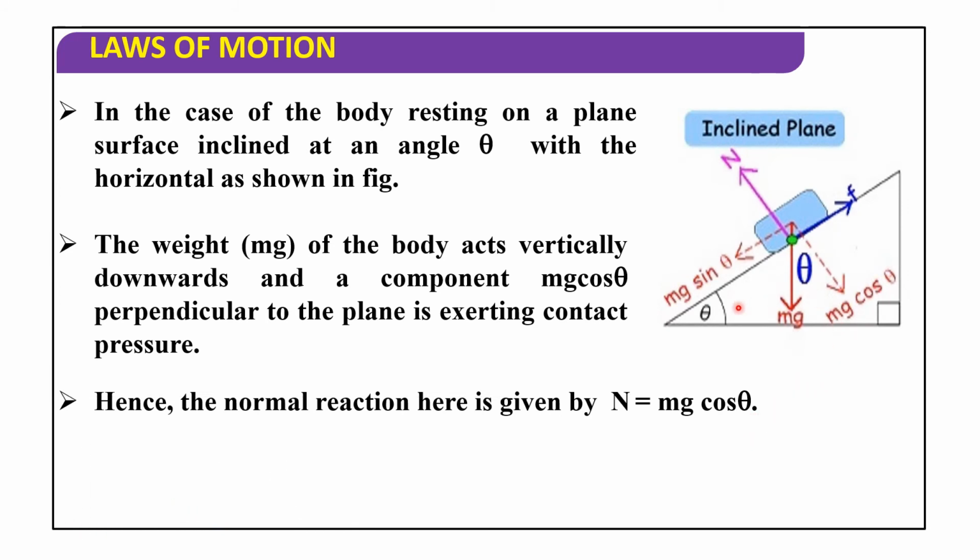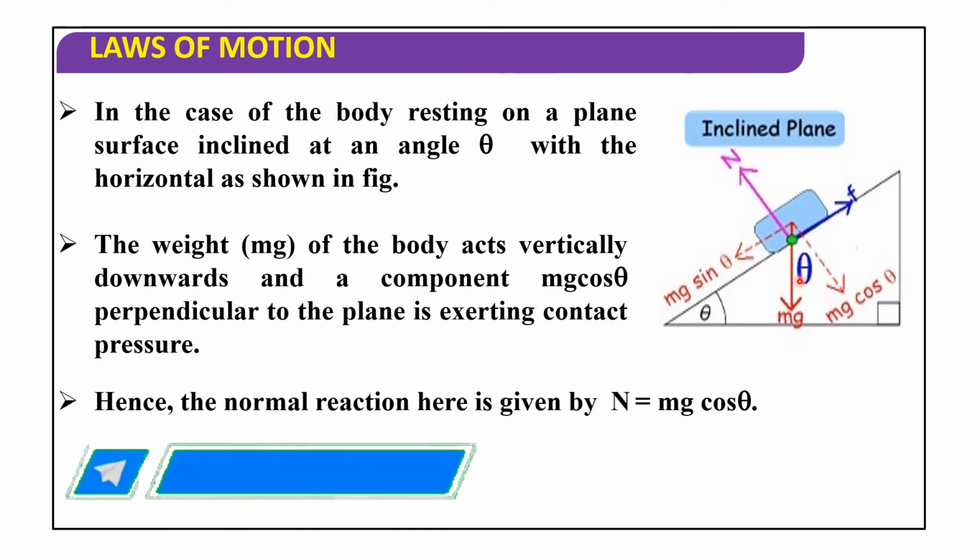See, this is the inclined plane and we are placing a block on the inclined plane, and here N is the normal reaction and this is the weight. Here the weight is resolved into two components. The weight mg of the body acts vertically downwards, and a component mg cos theta is perpendicular to the plane.